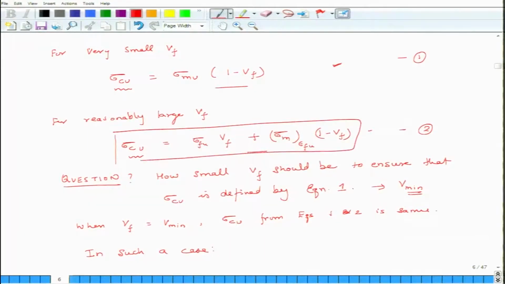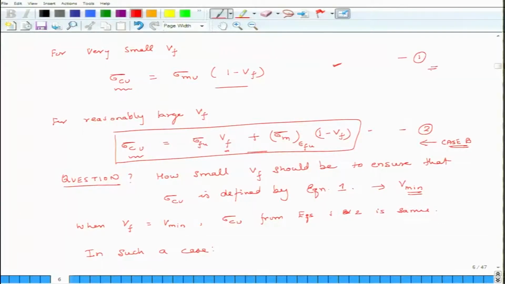So, now let us look at this figure, this expression. This is for case B, and we are trying to get a physical understanding of what V crit is. Consider a case when the volume fraction is small, but not so small that case A holds.